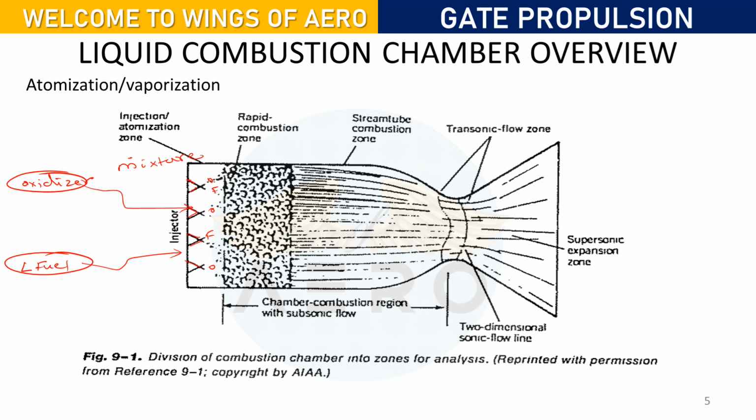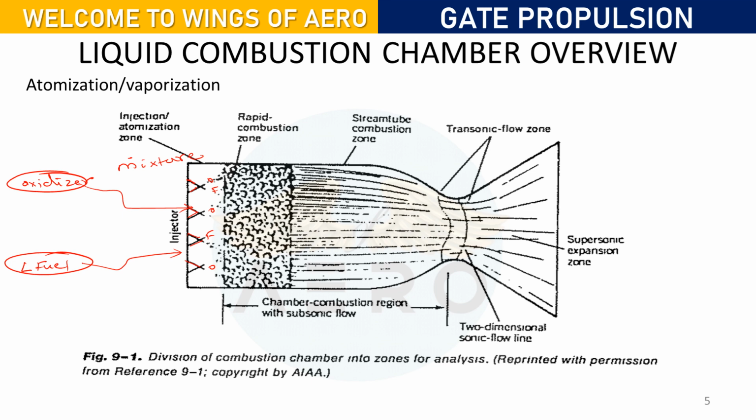Just like in any kind of combustion chamber, what is our prime requirement? We need a large amount of oxygen to combust, as compared with the fuel, of which we need a very fine amount. The same goes for the liquid combustion chamber.